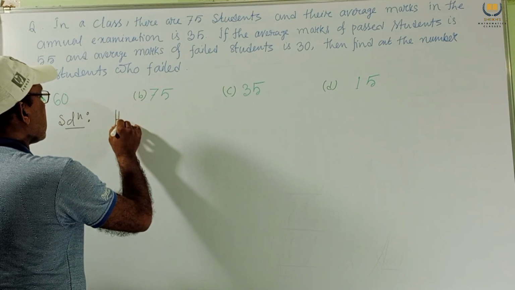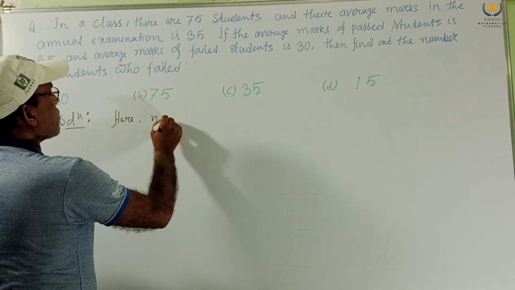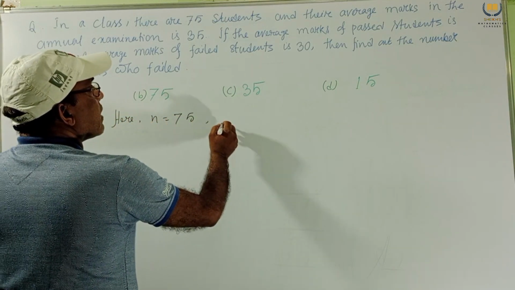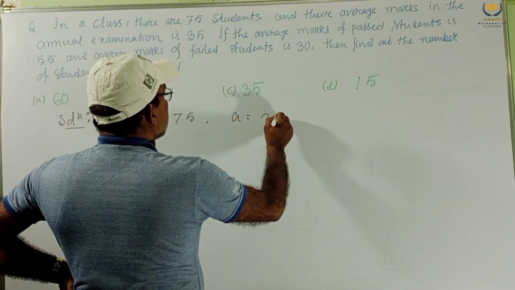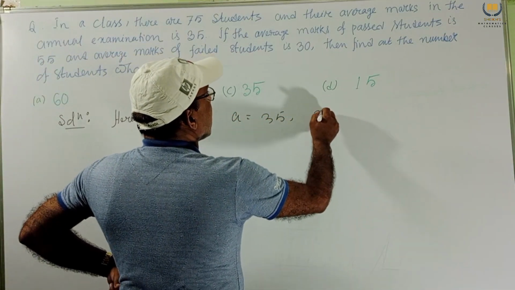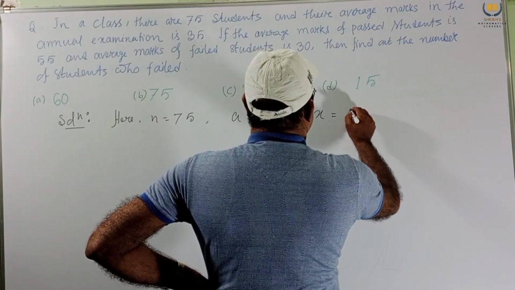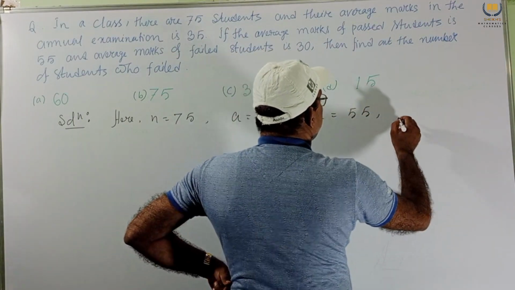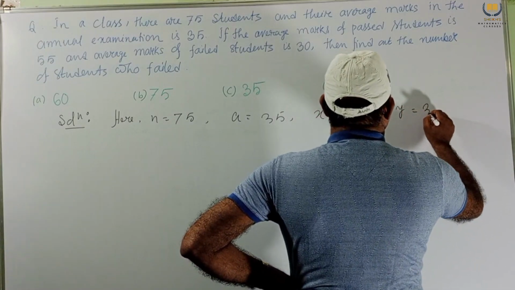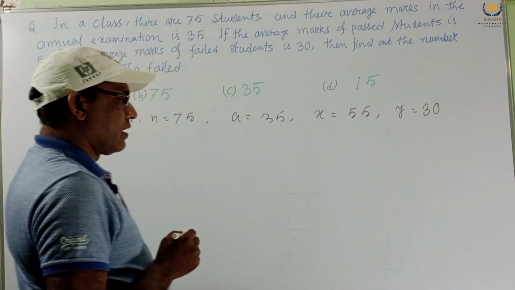Here n equals 75, A equals 35, X equals 55, the passed students' average, and the failed average Y equals 30. We get this.